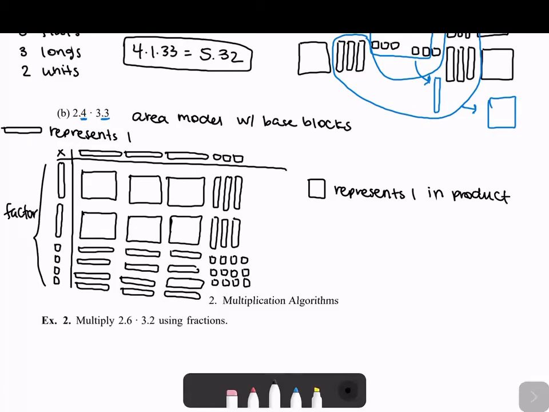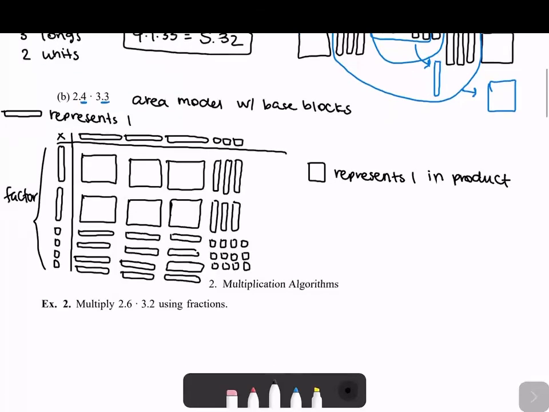So let's start regrouping. So we have 10 units here that can go to a long. And we have all of these longs that can go to a flat. And then we have 1, 2, 3, 4, 5, 6, 7, 8, only 9 longs left, so we cannot regroup anymore.